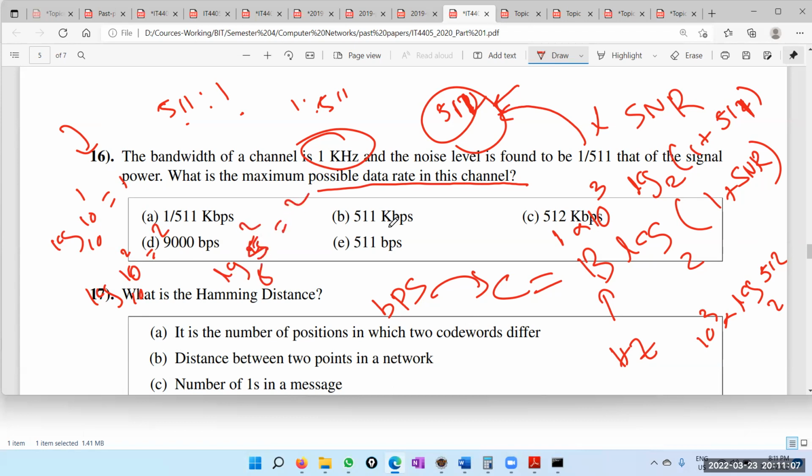So 512 is 2 to the power 8: 2, 4, 8, 16, 32, 64, 128, 512. So if you write it as 2 to the power 8, log 2 of 2 to the power 8 is 8. So 8 into 10 to the power 3 is 8 and 3 zeros, so that is 8,000 bits per second.